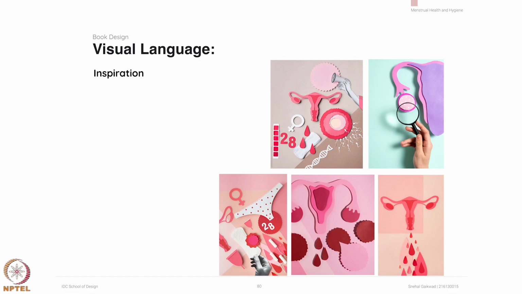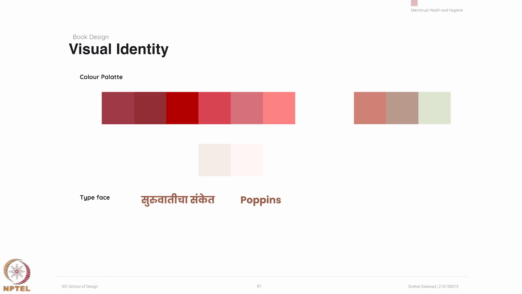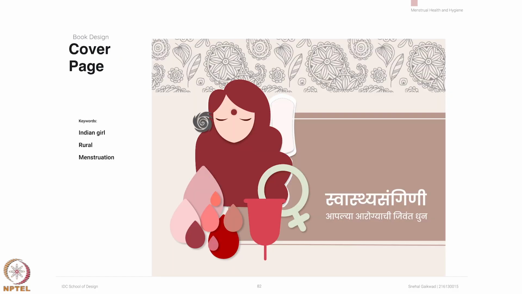So I'll first show the visual language, this was my inspiration for the visual language. And then I picked the color palette and typeface. Then this was a cover page where the keywords were Indian girl, rural and menstruation.